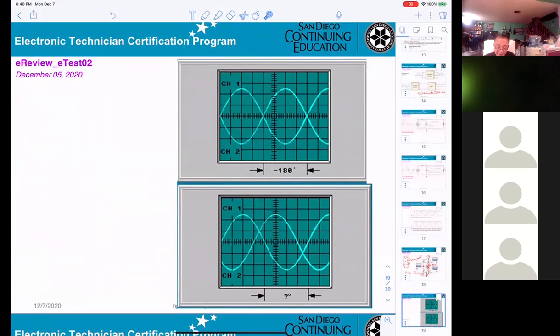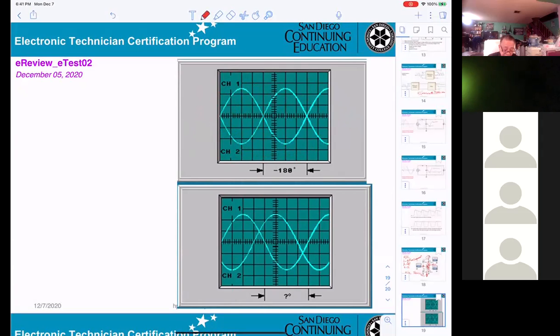If you look at this one here, between input channel 1 and input channel 2, what happened? They will be 180 degrees out of phase. Correct. That means opposite. They go up, this goes down. Okay? That's opposite.